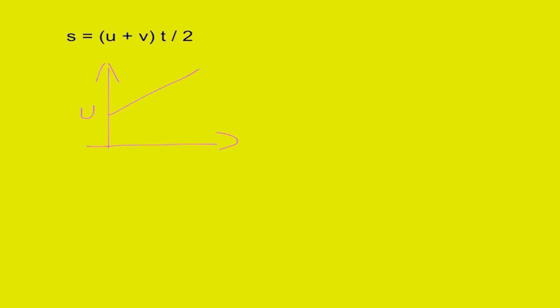The speed changes from the initial speed u up to the final speed or velocity v, and t, the time, is how long it takes to do that. Now, s, the displacement, is defined as the area under the graph. So if I just shade in the area under the graph here, that area is equal to the displacement s.